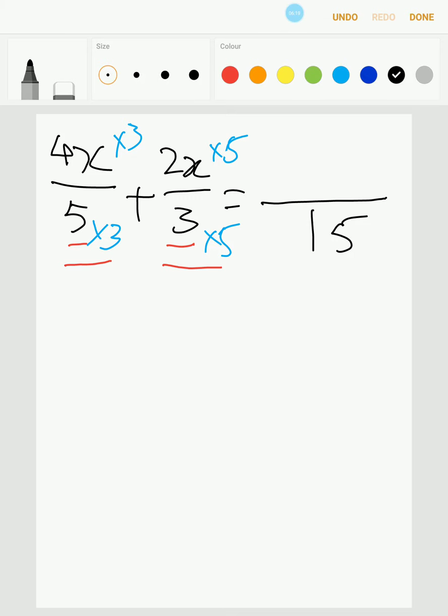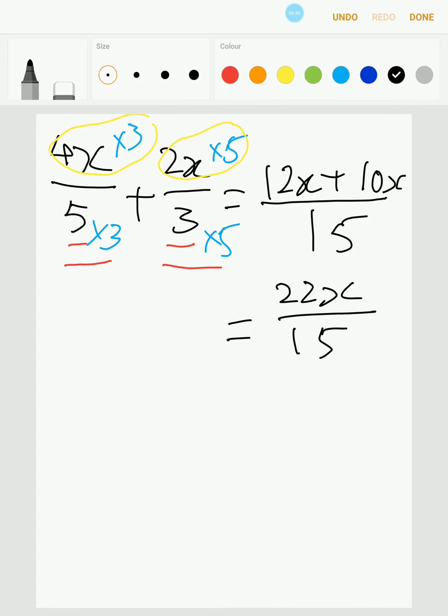Okay, now we have an issue already. Let's look at this. 4x times 3 is 12x. Then plus 2x times 5. What's 2x times 5? 10x. Okay? And that gives me 22x over 15.